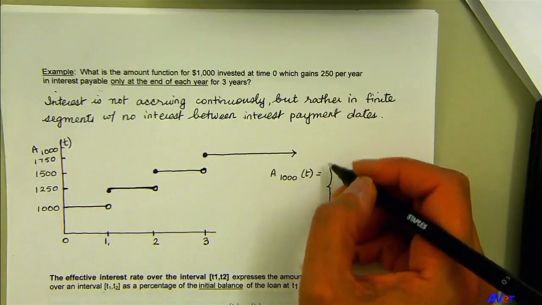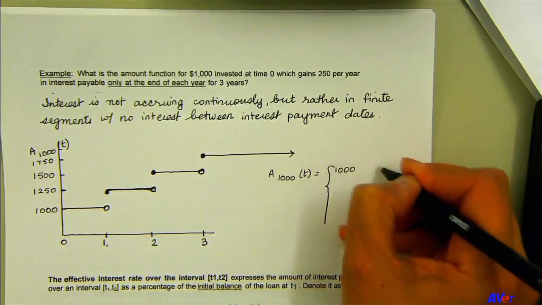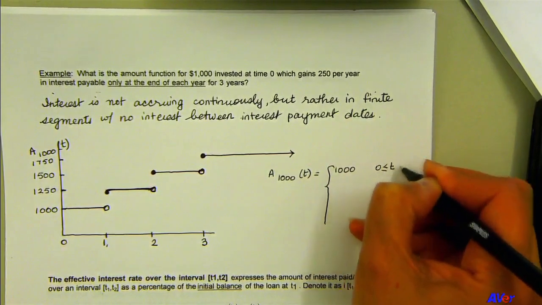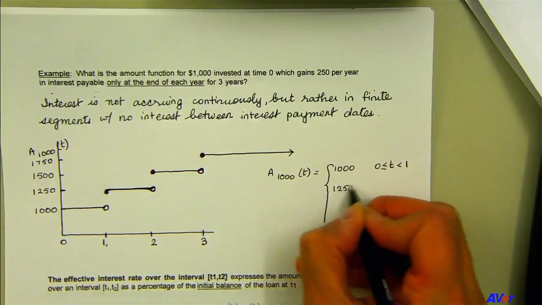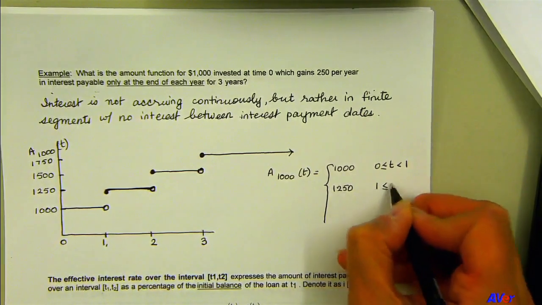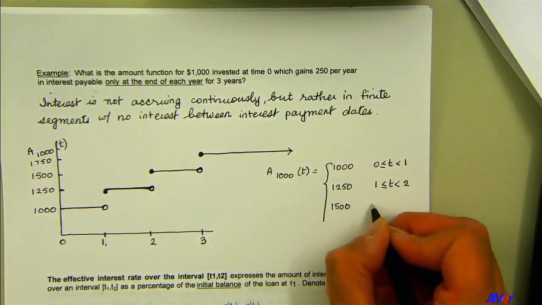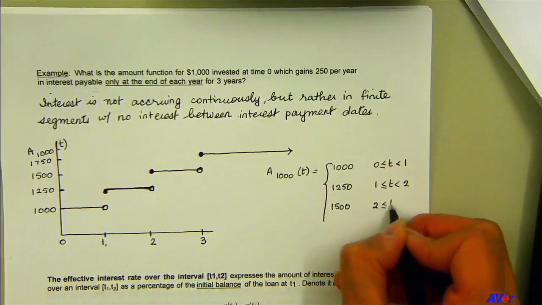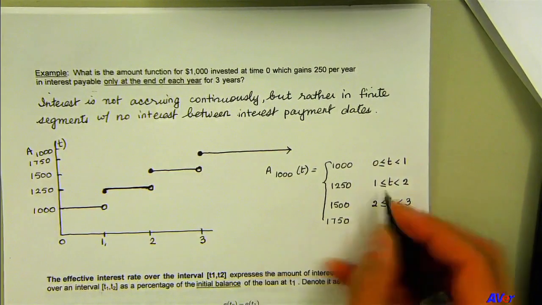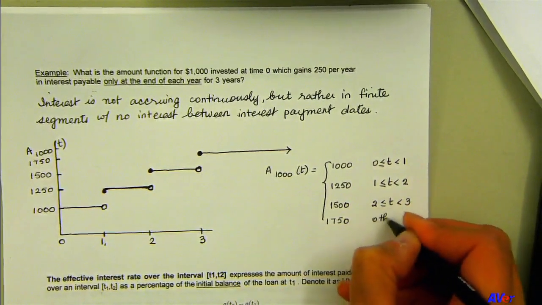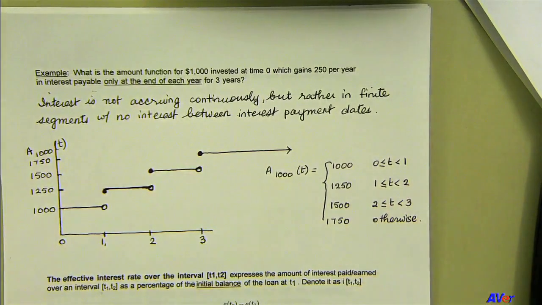So 1000 for 0 less than or equal to t less than 1, and 1250 for 1 less than or equal to t less than 2, and 1500 for 2 less than or equal to t less than 3, and 1750 otherwise. Agree? So this is a step function.